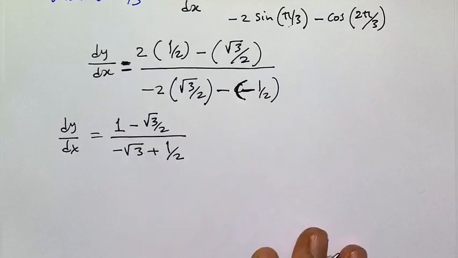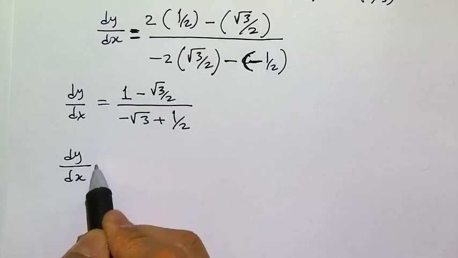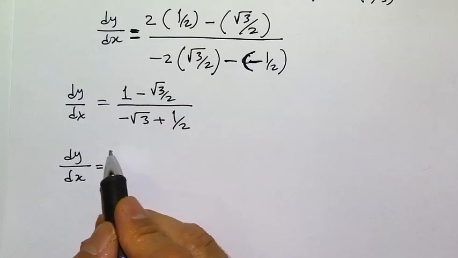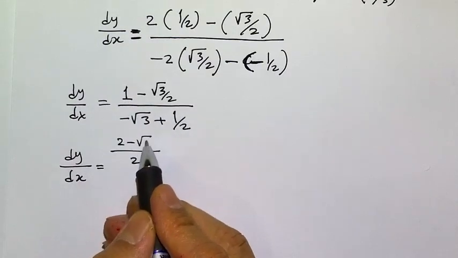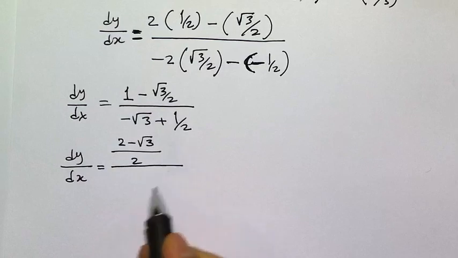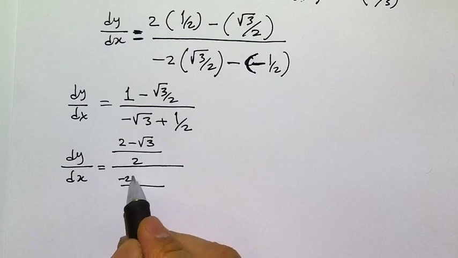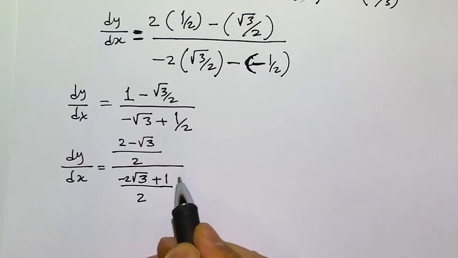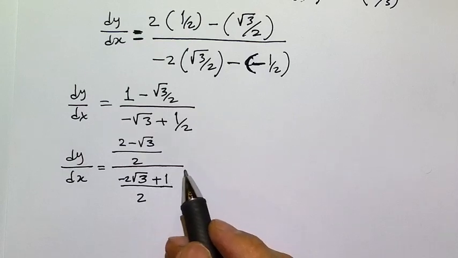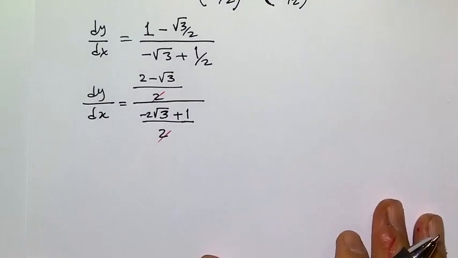Okay, so then we get a complex fraction, right? We have common denominator 2: 2 minus square root of 3 divided by minus 2 square root of 3 plus 1, and so these two 2's cancel each other out. What do we get?